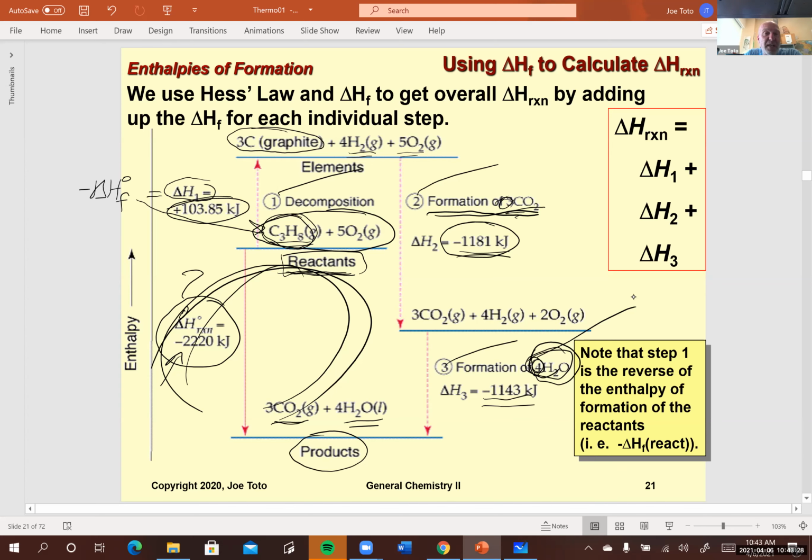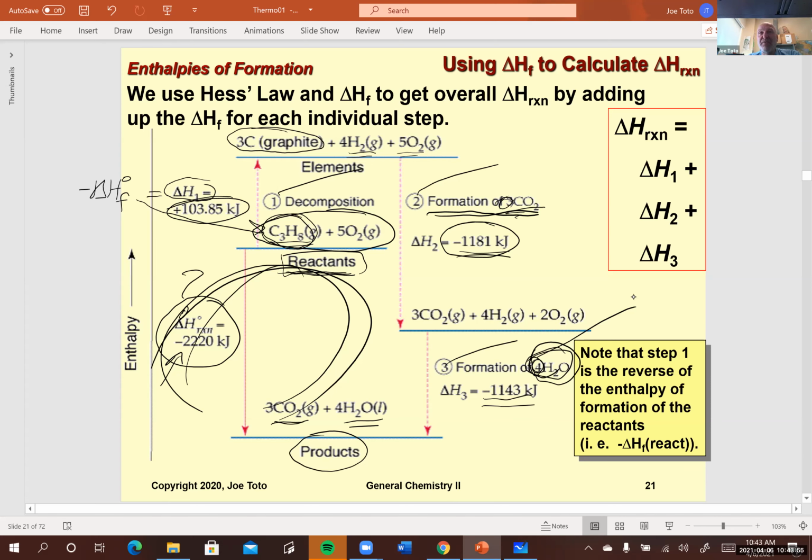It's an interesting way to put two concepts together and use those concepts to calculate something like the delta H of a reaction without even having to go to lab, just using tabulated values of this idea, delta H of formation, where everybody uses the same reference.